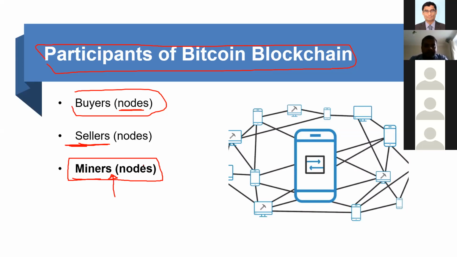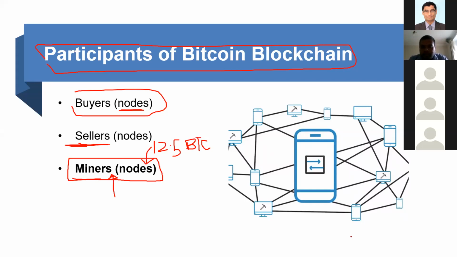Every 10 minutes, somebody in this world is printing 12.5 Bitcoins for themselves. Can you imagine, 12.5 times, how much is it? About 1.5 million rupees, right?